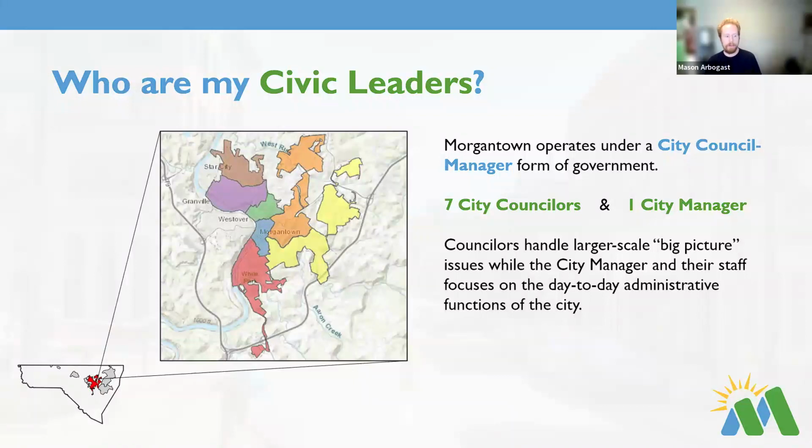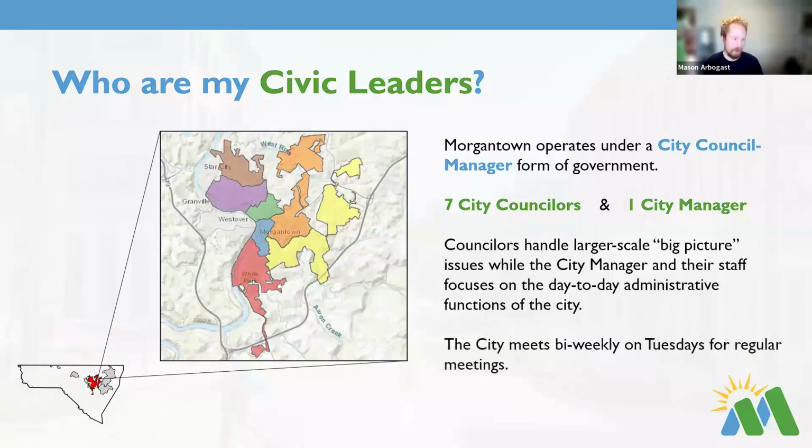While the council handles the bigger picture issues and some of the policy and lawmaking, the city manager and their staff focus more on the day-to-day administrative functions. So it's not necessarily our city councilors that are running the city, but they're in charge of making sure the city runs, and then the city manager comes in and does the hands-on day-to-day.